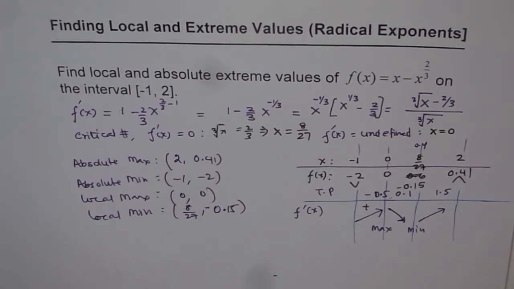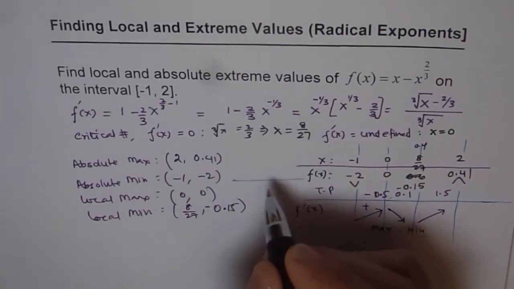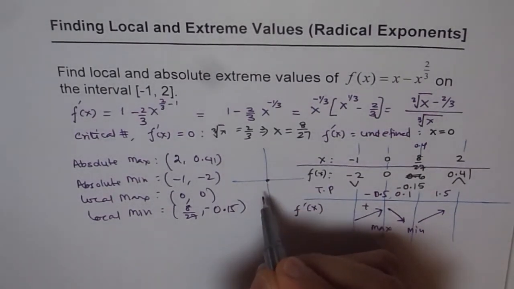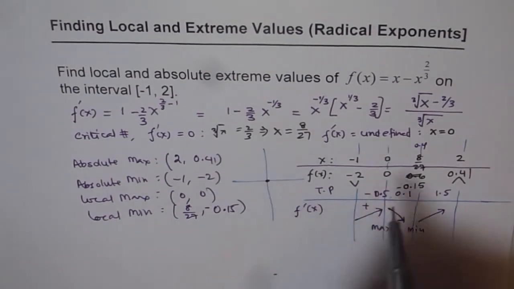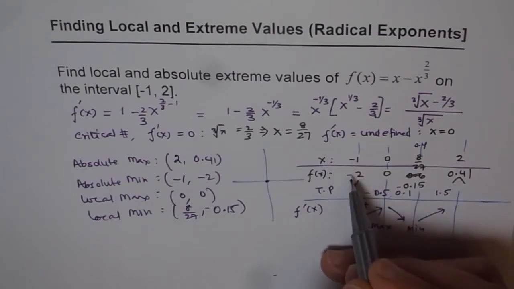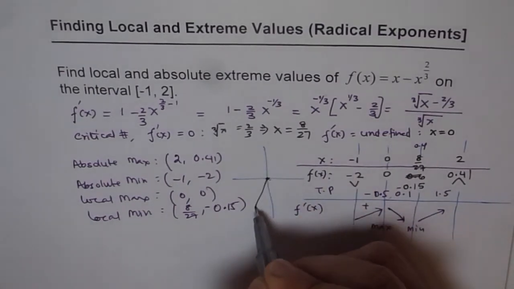If you sketch this graph, it will look something like this, which I'll just give you to get an idea of how it looks. At 0 the value is 0, and at minus 1 we have minus 2, so approximately like this.